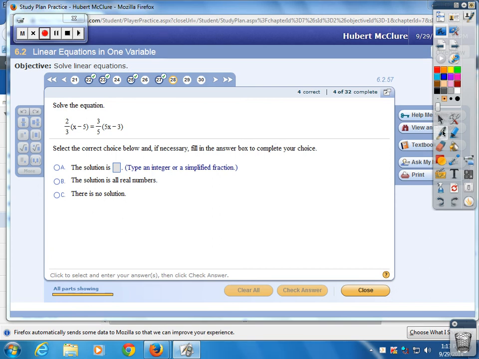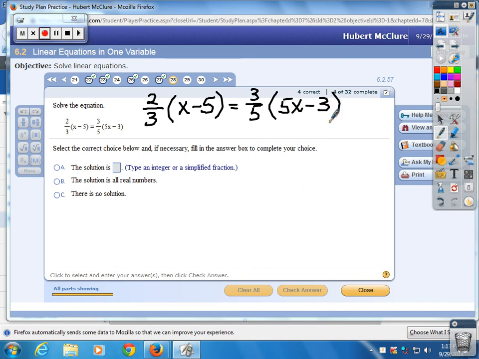This one says 2/3 times x minus 5 is equal to 3/5 times 5x minus 3. Now, either you can get rid of the fraction, or you can distribute it and get 4 more fractions.